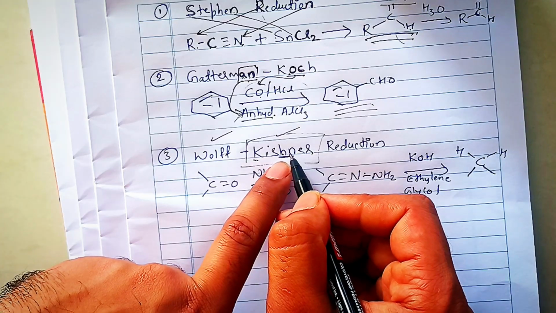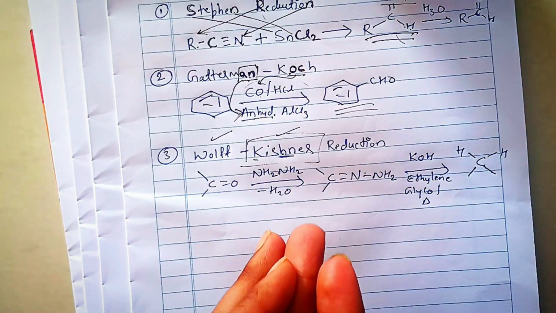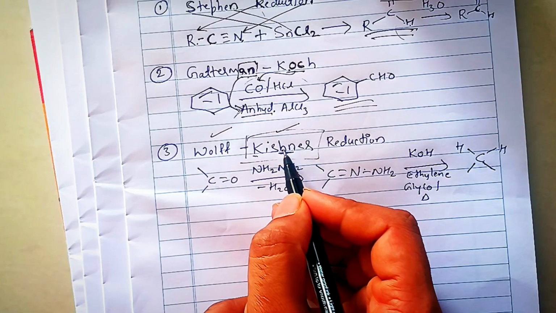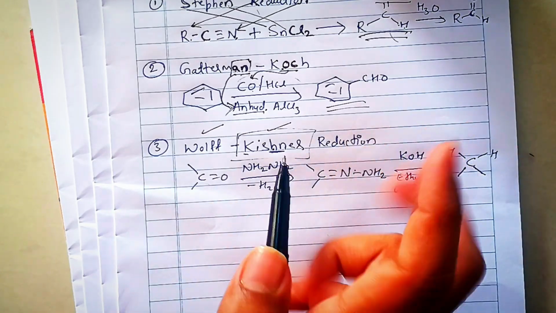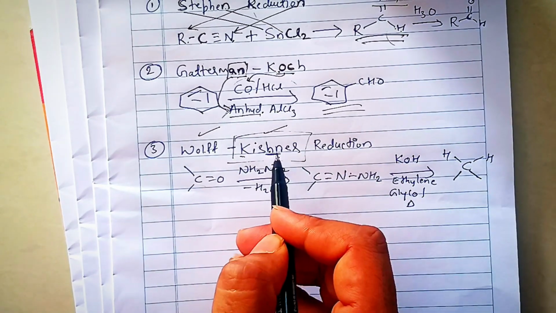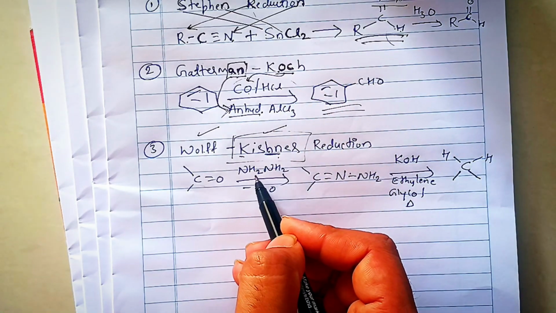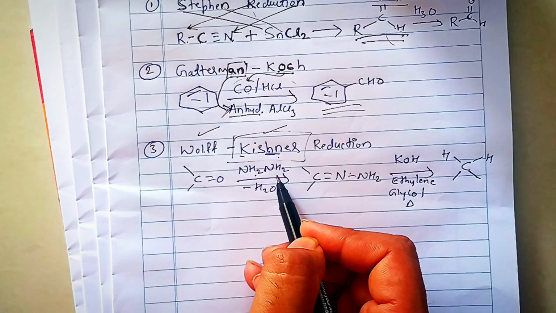Easily our eyes will go to NH. So there are two scientists called Wolff-Kishner, so we will take NH twice, called NH2NH2, right?